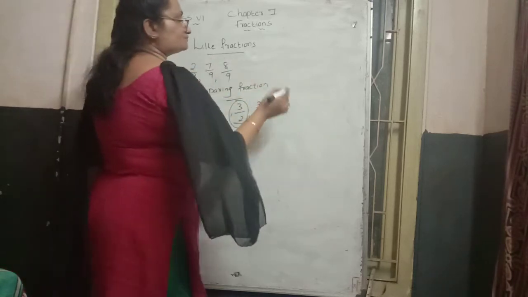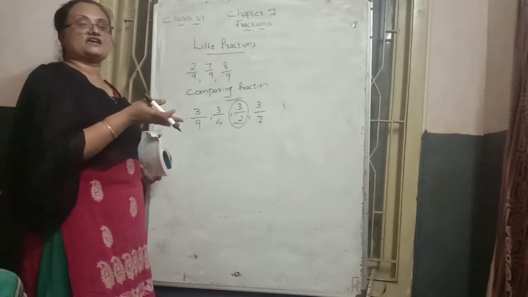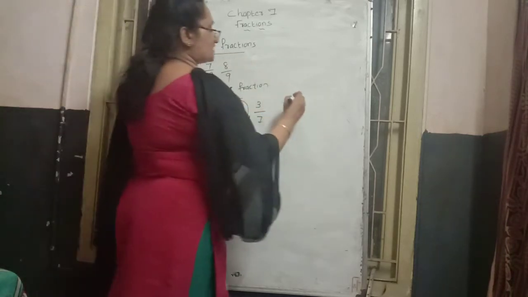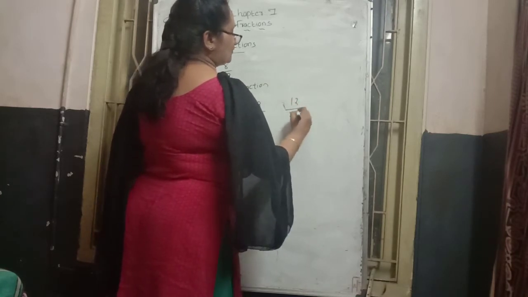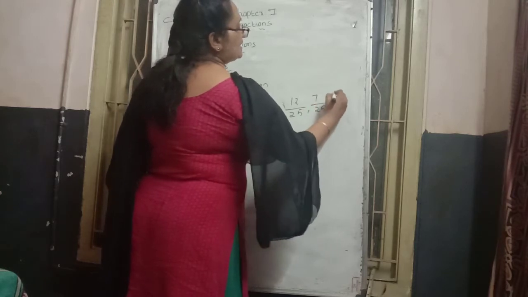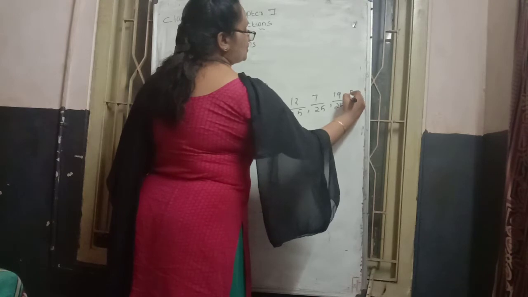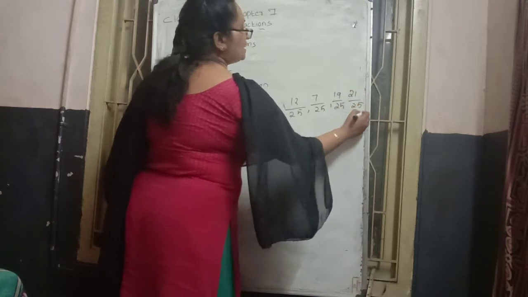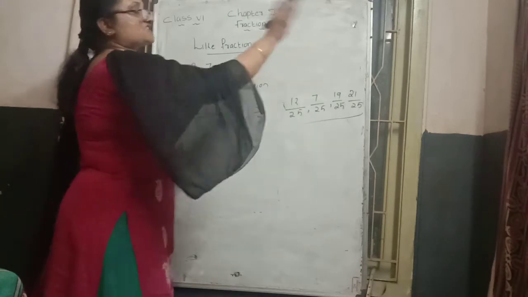Then, another example, where denominators are the same and numerators are different: 12 by 25, 7 by 25, 19 by 25, then 21 by 25. Here all denominators are equal and the numerators are different.